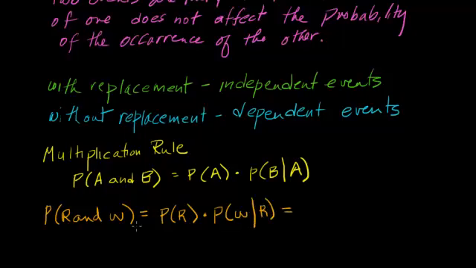And remember, when our situation was dependent events, what we saw was there were 3 reds, so the probability of red was 3 reds out of 12 balls in the urn, times the probability of white. Well, there's still 5 white balls in the urn, but now what has changed is there are only 11 balls total in the urn. So that's the probability of B, given that A has already occurred.